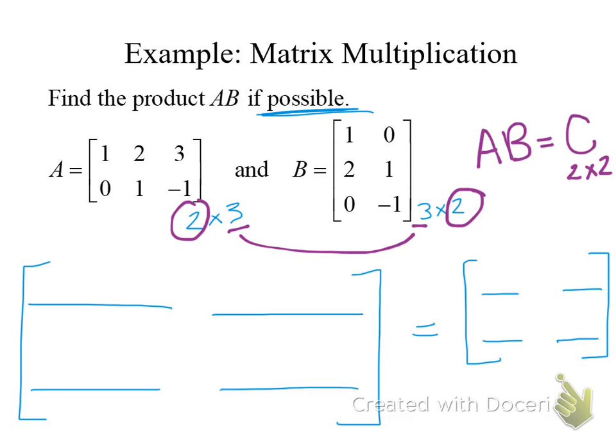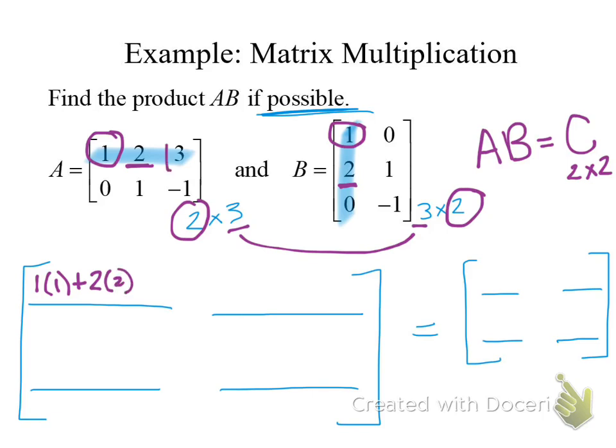So for the first row, first column, I'm going to use the first row from A and the first column from B. Okay, so I'm going to multiply 1 by 1 because they're both the first entries. So I'd have 1 times 1, and then we're going to add it to the second entries multiplied together, so 2 times 2.